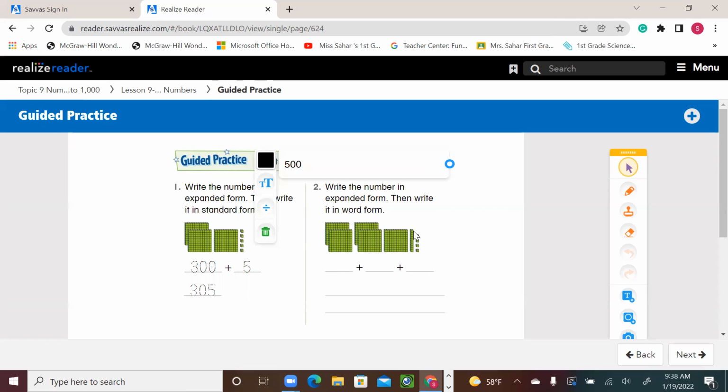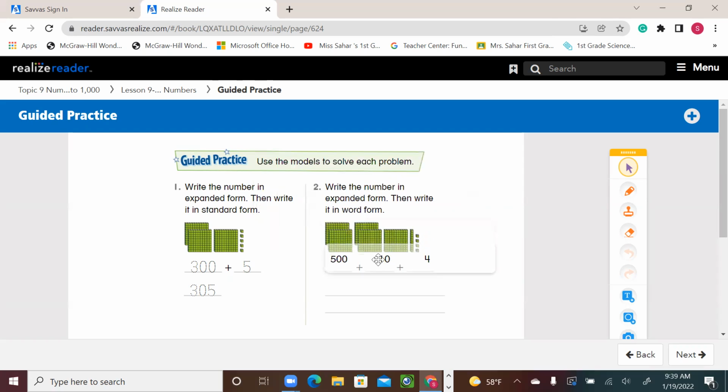How many tens? 1 rod of 10. So I'm gonna write 10. And then let's count the ones. How many cubes? 1, 2, 3, 4. And I'm going to write 4. So this is the expanded form. 500 plus 10 plus 4.